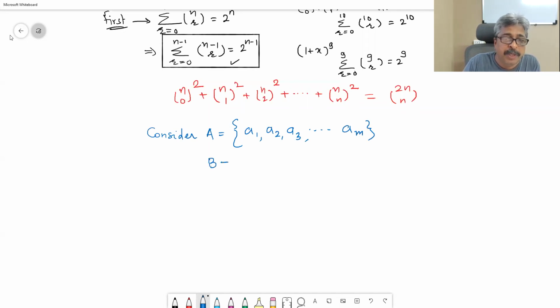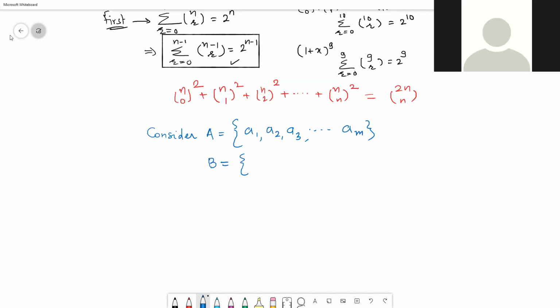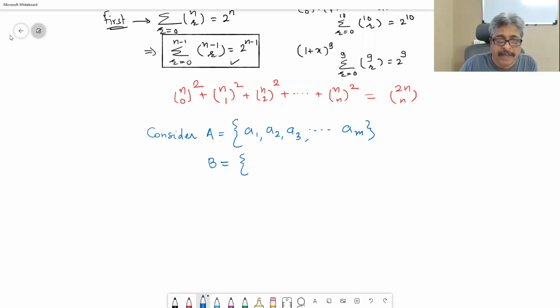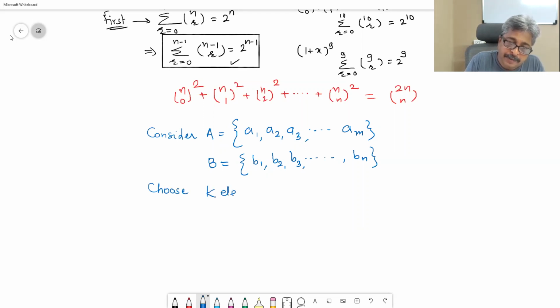Consider set B which has n elements. And choose k elements from A union B.